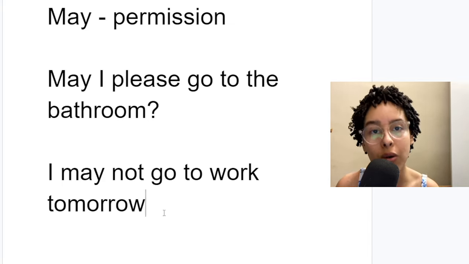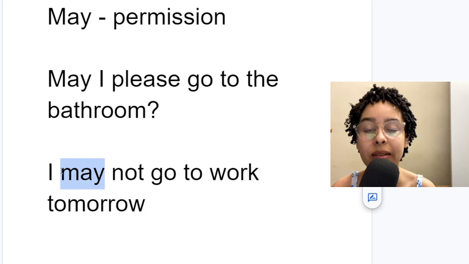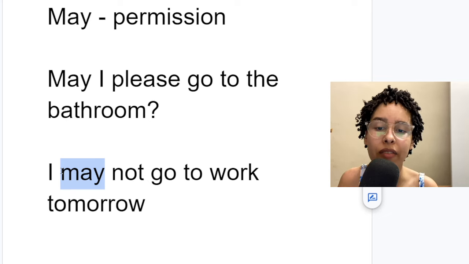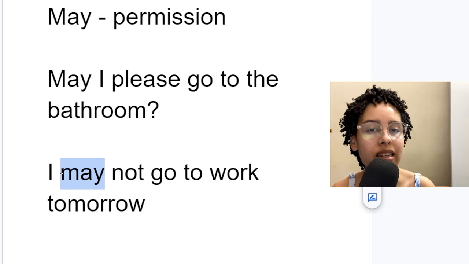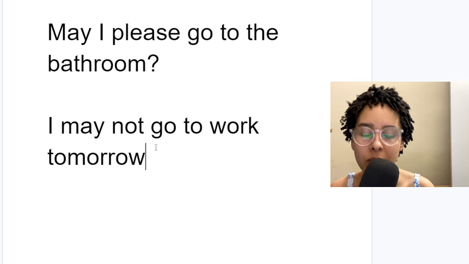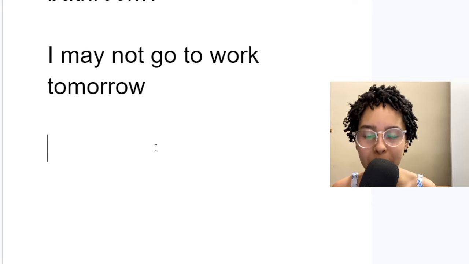So may is also used to express possibilities, things that are possible to happen. They have like 50 to 70% of chance of happening. Okay? So these are the two situations where you can use may.